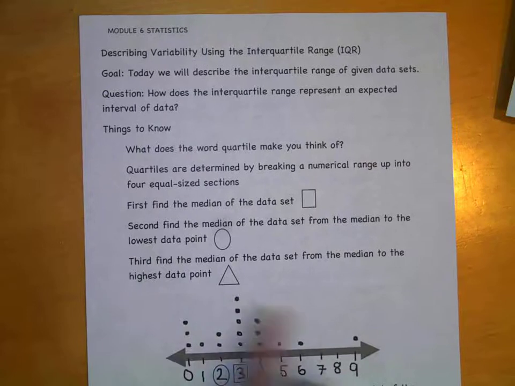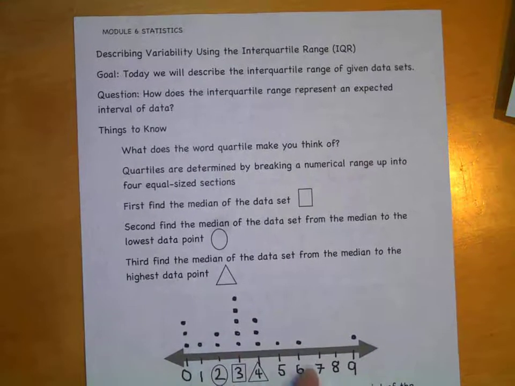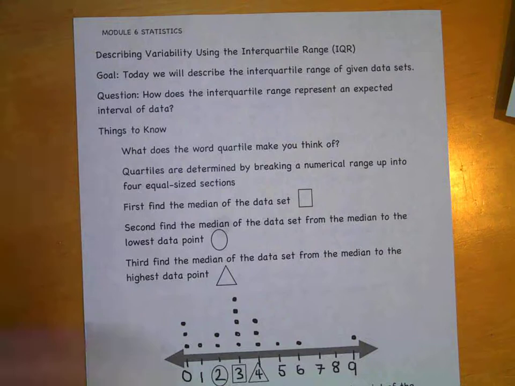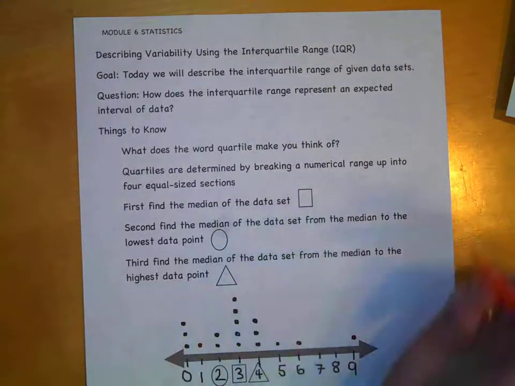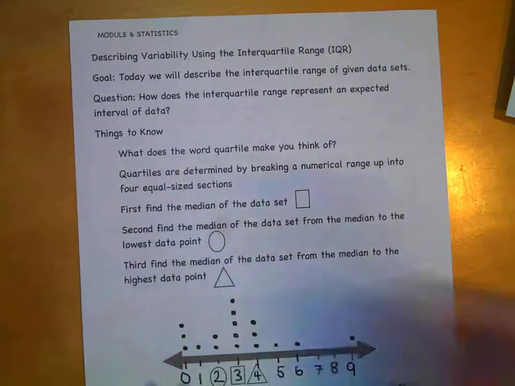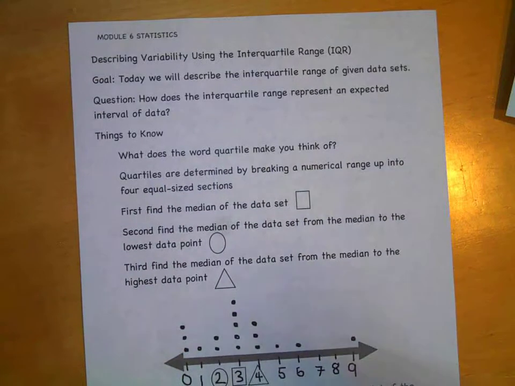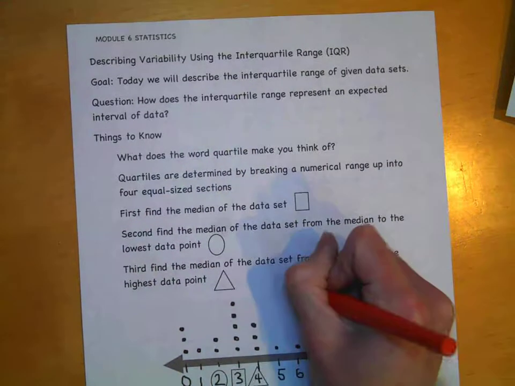So right here, we have our dot plot, and this is our number line right here. What we were taught in the last lesson and what we were thinking about previously is you have to write your numbers in numerical order, which I don't have them written yet, so we're going to do that right now.